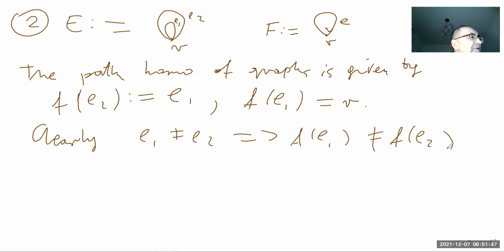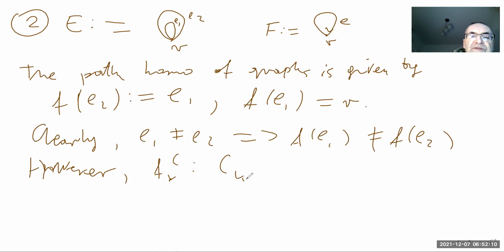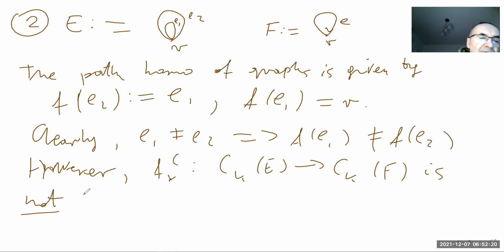Okay, so we are injective on edges. However, look, this doesn't suffice, because the map from C*(E) to C*(F) is not well defined.